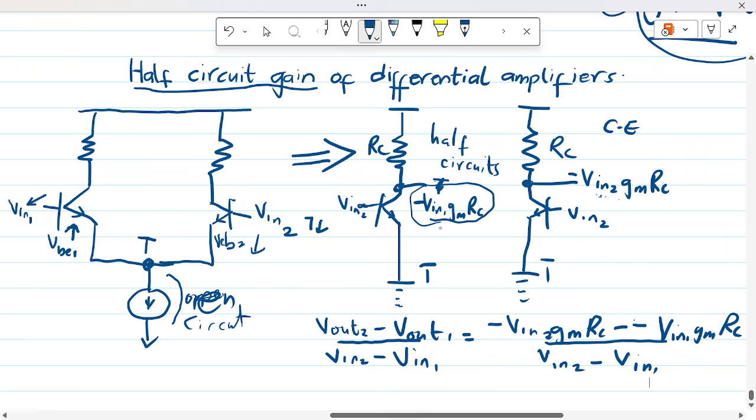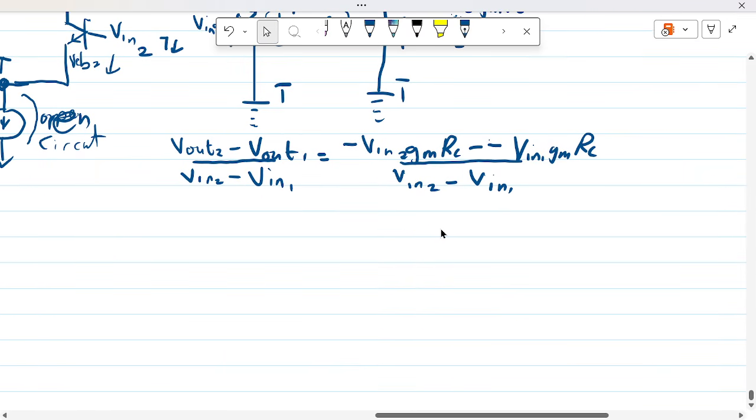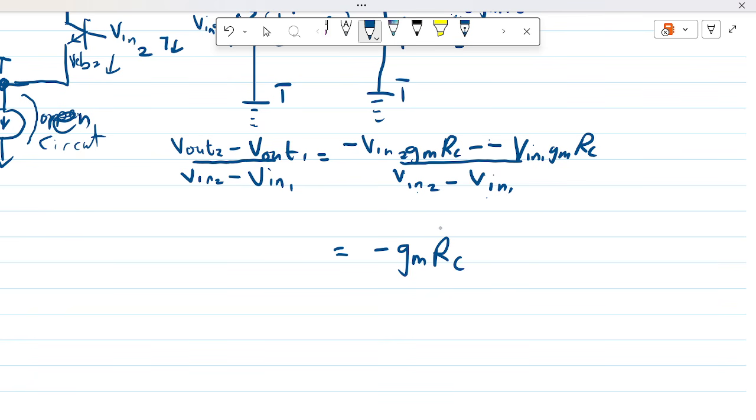Okay, so I'll give myself some room here. If I factorize out, I'm going to get minus gm RC factorized out, so what is left here is going to be Vin2.